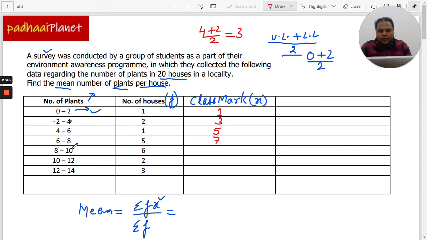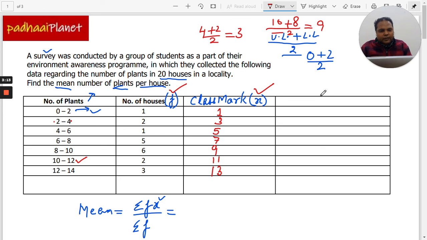Similarly, let's do 10 plus 8, because the upper limit is 10 and the lower is 8, then divided by 2. So that's 9. So we can then write the class mark as 9. Similarly, the class mark of this interval is going to be 11, and this is going to be 13, right?